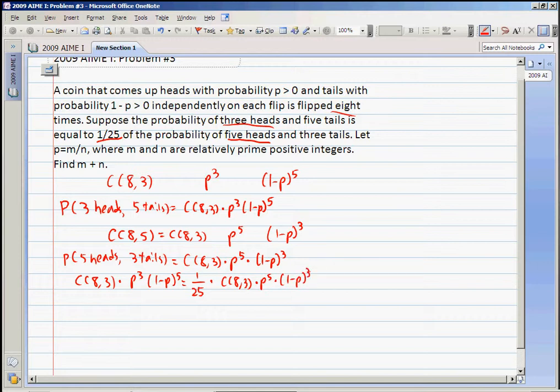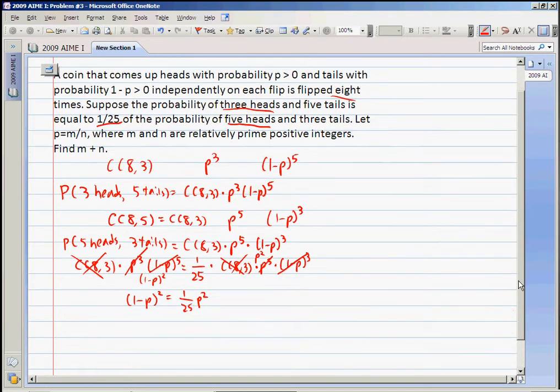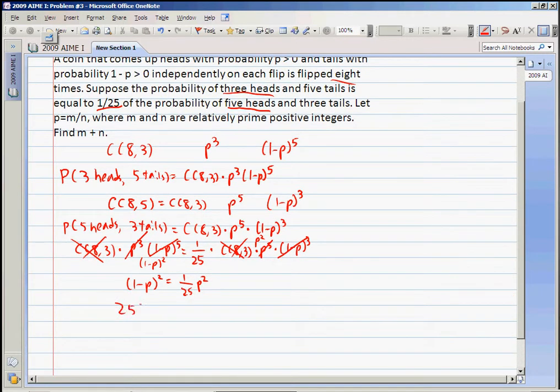We can start off by canceling 8 choose 3 from both sides. And we can divide both sides by p cubed and by 1 minus p, quantity cubed. That leaves us with 1 minus p, quantity squared, equal to 1 over 25 times p squared. And multiplying both sides by 25, we can get rid of the fractions.